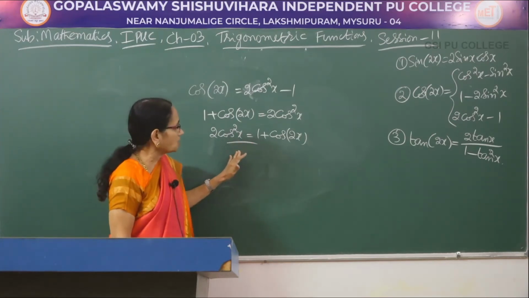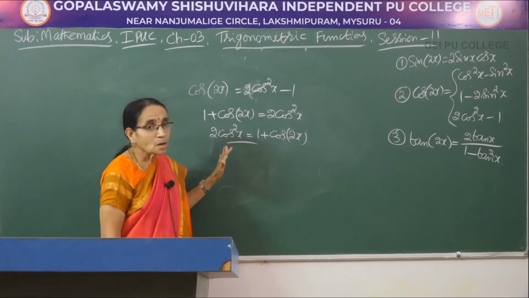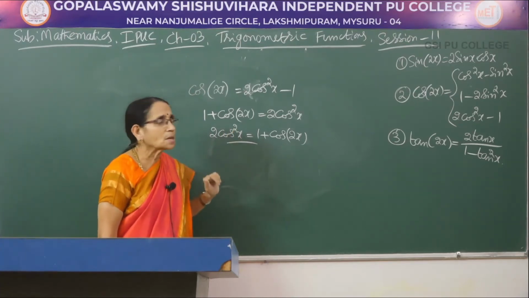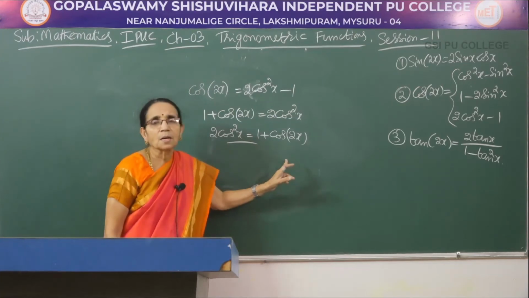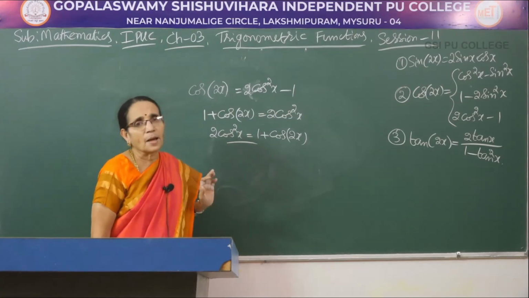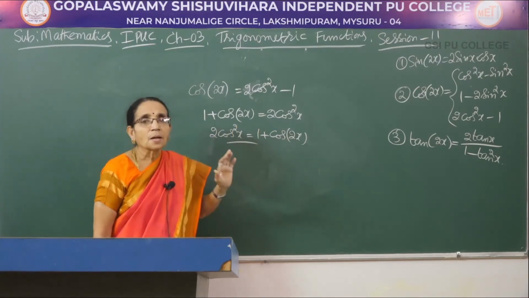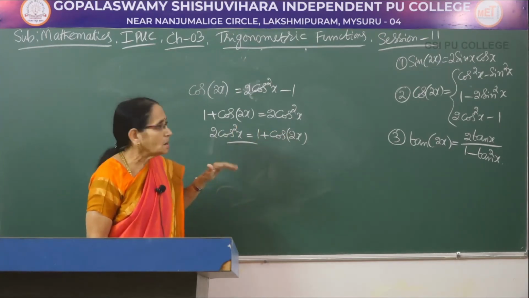When you have 2 cos square x, we may not be in a position to solve the problem, it is having a power. In such cases, we can express that in terms of the multiple angle. If the term is expressed in multiple angle, it may be easier for us to solve the problem.